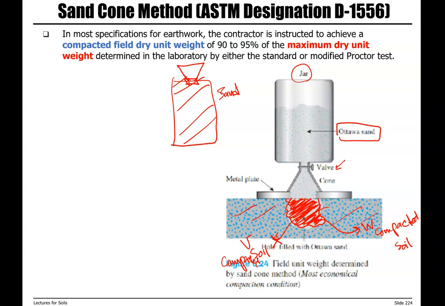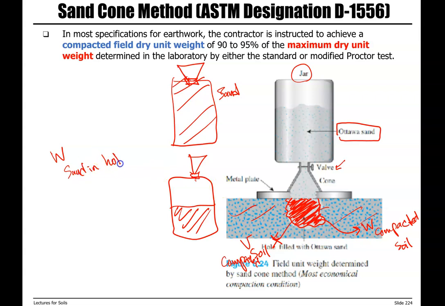And when it's completely filled, we close the valve and remove the jar. Measure weight of jar with the remaining sand. So now we have this much sand. Using this technique, what we get is weight of sand in the hole that we made.